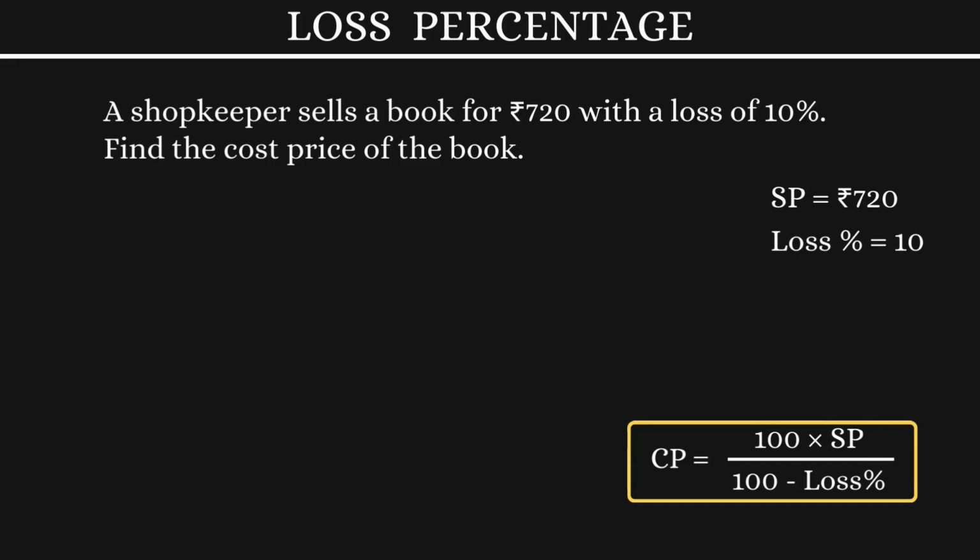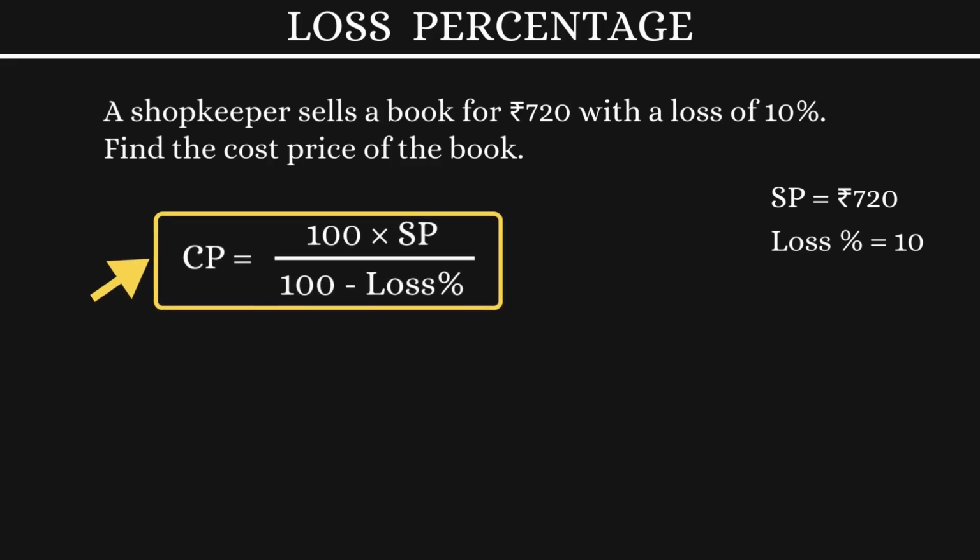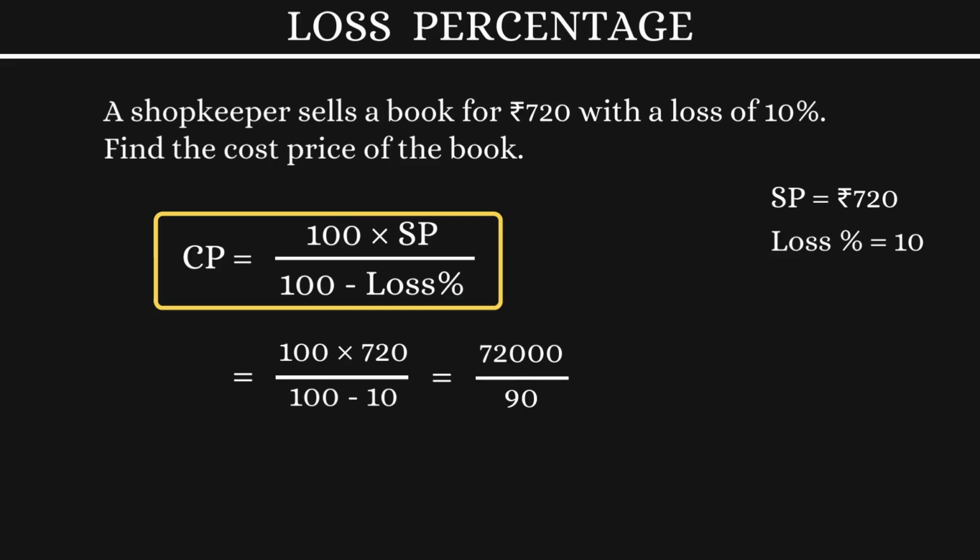To find the cost price, we'll use this formula. On substituting these values, we get 100 into 720 divided by 100 minus 10, which is 72,000 divided by 90, or 7,200 divided by 9, which is rupees 800.